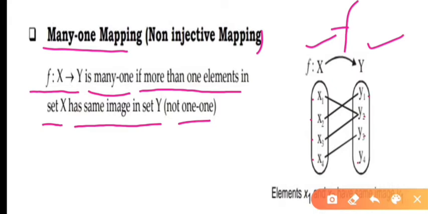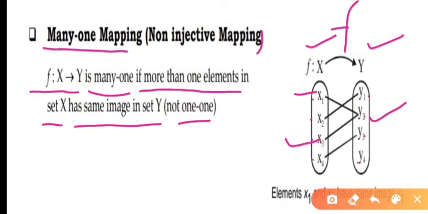Now, a many-one function is defined as one where more than one element in set X has the same image in set Y. See here, x1 and x3 have the same image, that is y2.